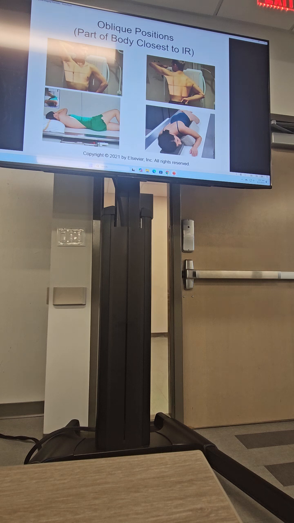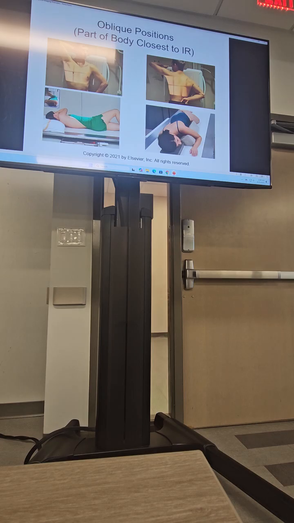LPO, left posterior oblique. Again, you're thinking about what the image receptor sees. If I'm like this, what does the image receptor see now? Anterior oblique. So that means RAO.